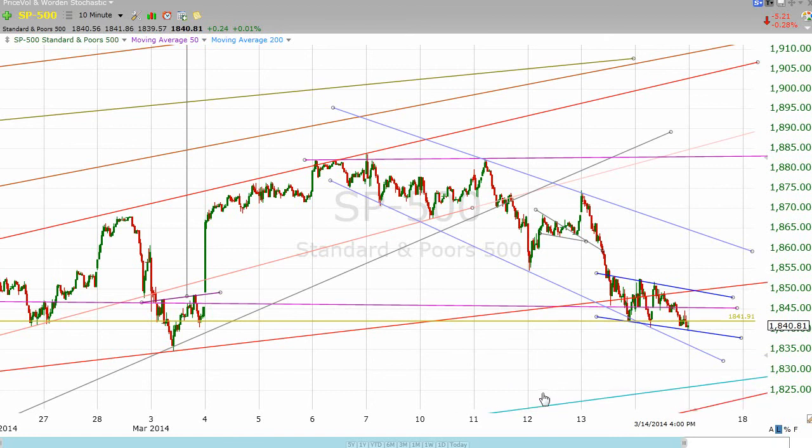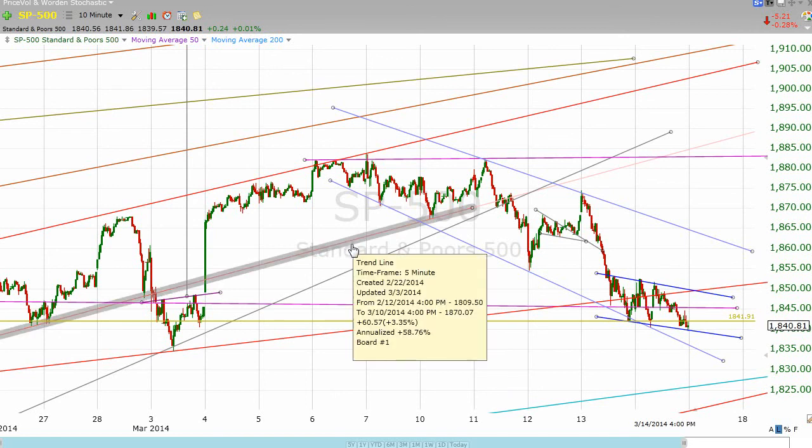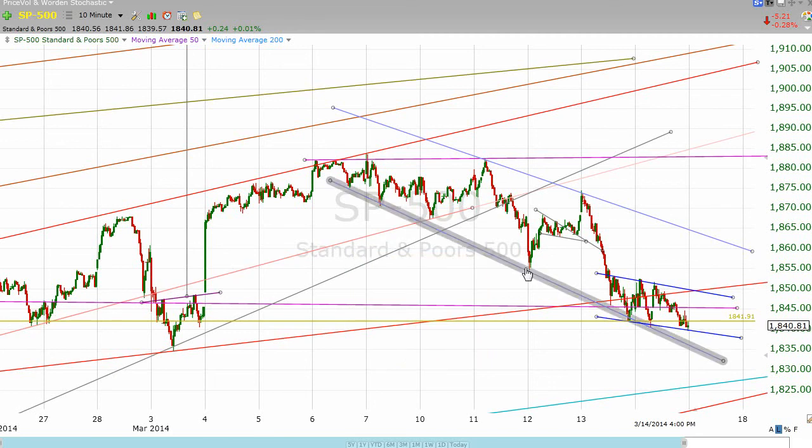Now, as far as the week went, we came into the week really looking like we were in pretty good shape, having been over fairly important short-term lines of support. But when things broke on Tuesday, that really set up what we saw for the rest of the week, and that was just selling pressure.